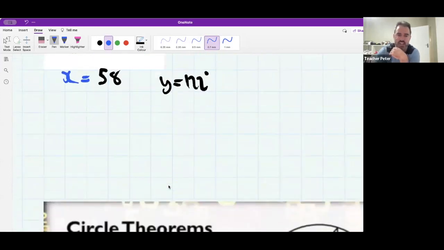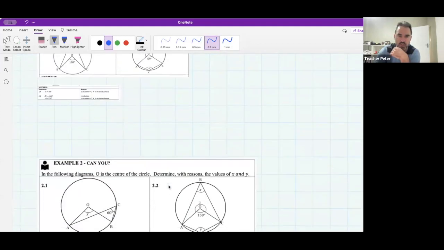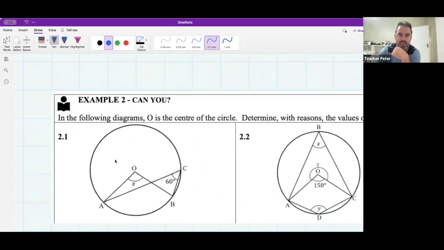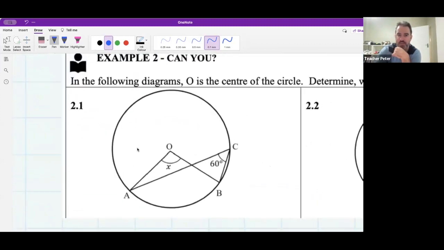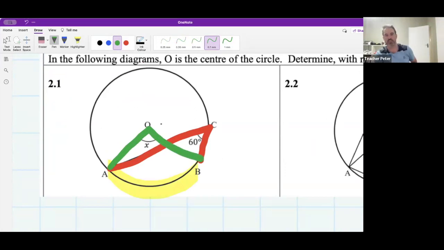And I think that is, maybe we may do one more, let's just do this last one here. And then this is the other shape. So if we're going to finish with this question, we've got the arc AB, and if the angle at the circumference is 60, what is the angle at the center going to be in this particular shape?